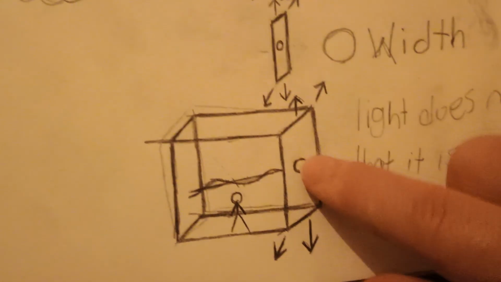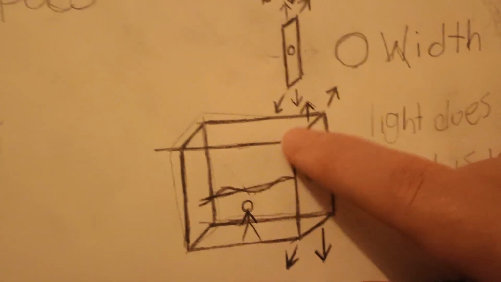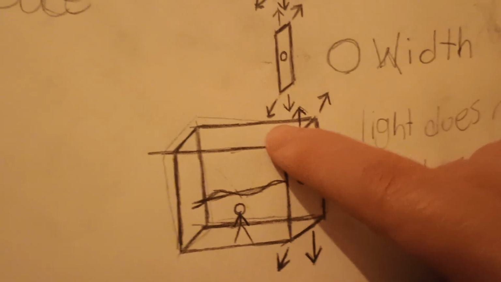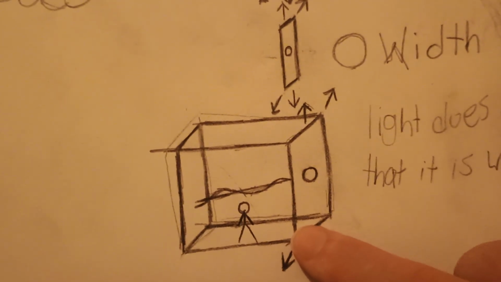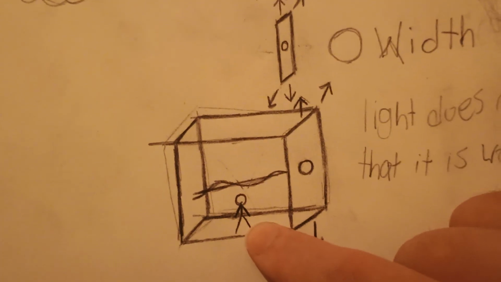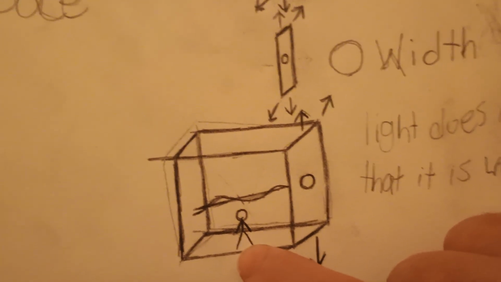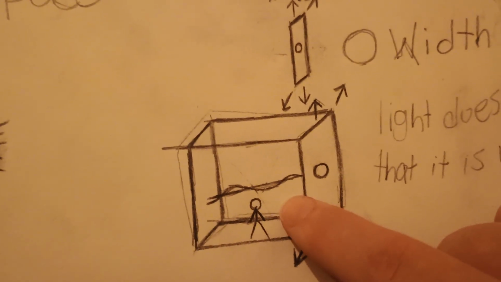alongside the photon. What I did here was I continued, or I reconstructed the 3D space to allow room for the wave to exist. And then I put a person here just to kind of help ground it.